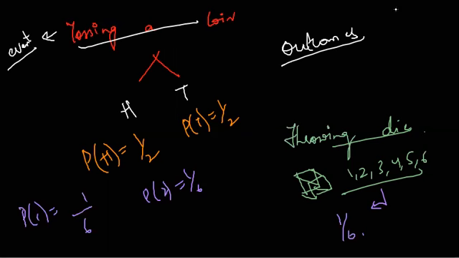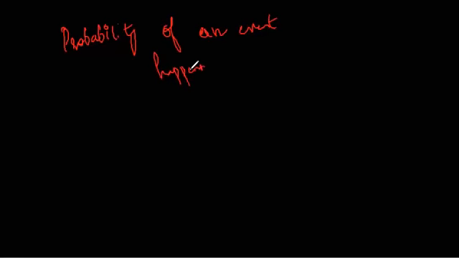So by using this, we can define the probability of an event happening. The formula can be given in these terms.